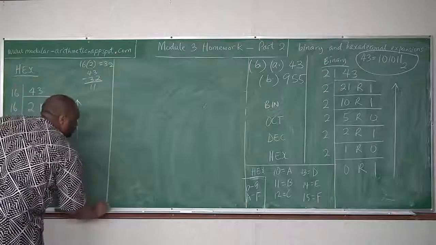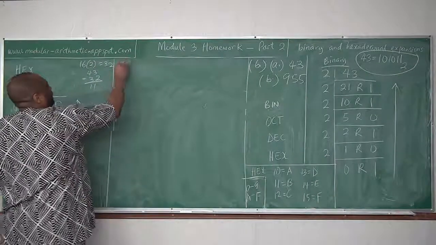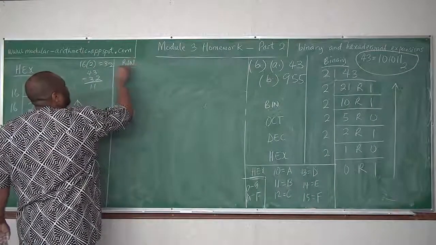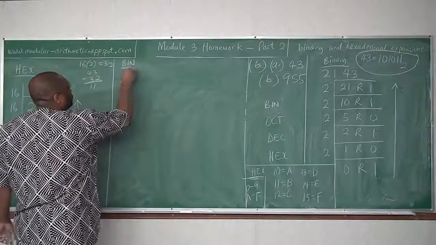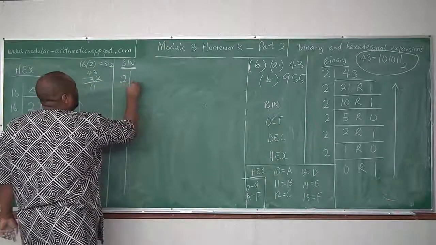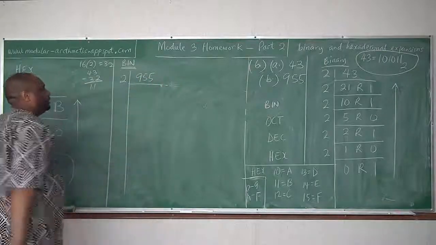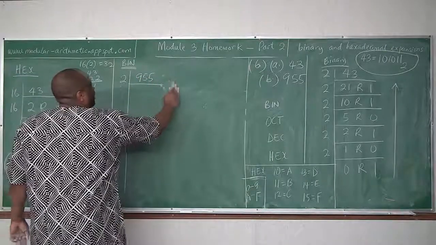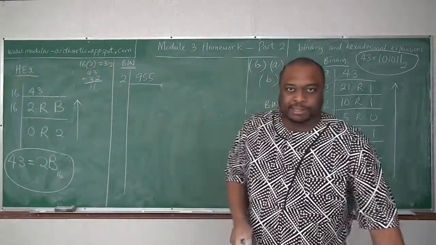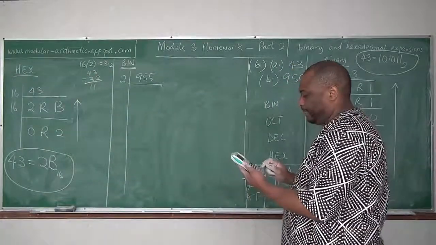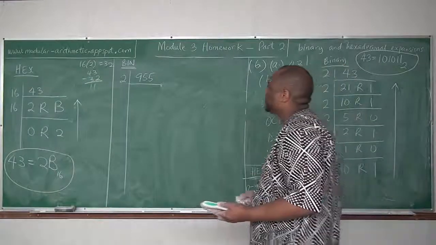Alright, now let's do the next one, 955, for the binary base 2. So 2 divide 955. I'm going to use the calculator to be fast. 955 divided by 2 is 477.